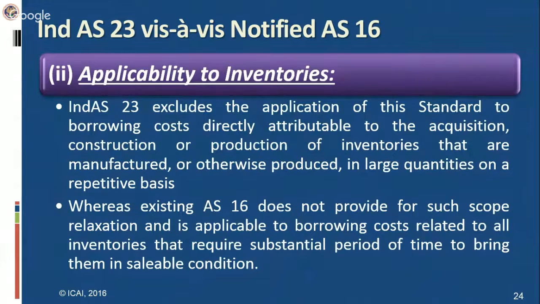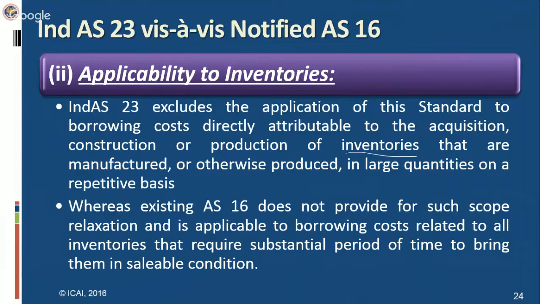Applicability to inventories. So what about the application of Ind AS 23 to inventories of a particular entity? Ind AS 23 excludes the application of this standard to borrowing cost directly attributable to acquisition, construction, or production of inventories. So basically, there are two types of relaxations as we have studied till now.